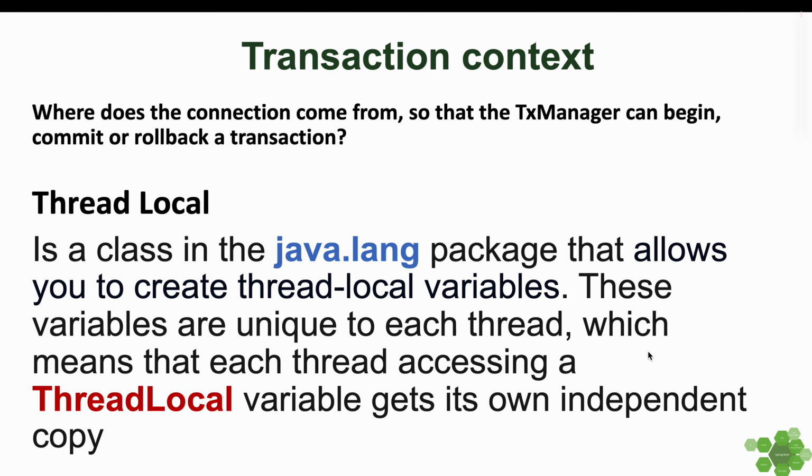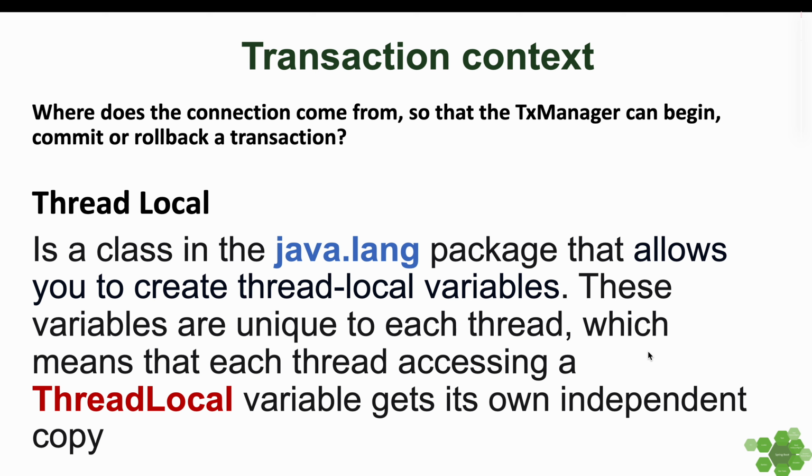So this is the question we want to answer. In Java, there is a ThreadLocal. And a ThreadLocal is a class in the java.lang package that allows you to create thread-local variables.